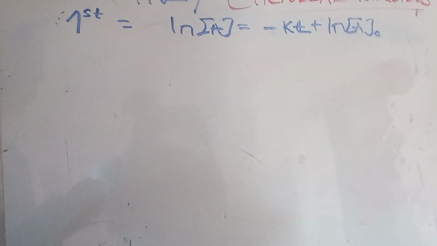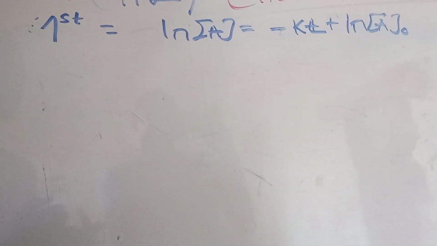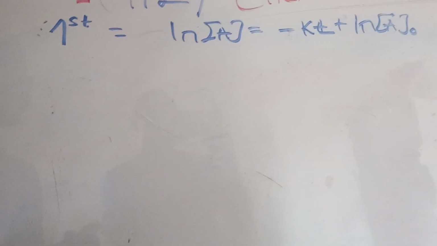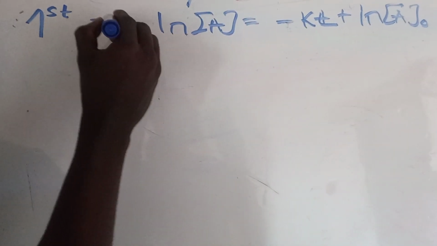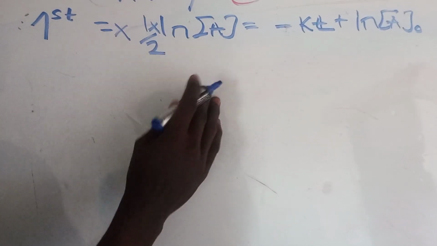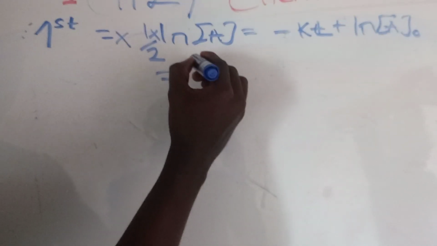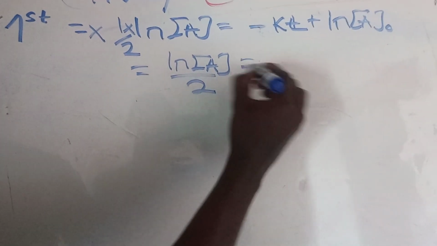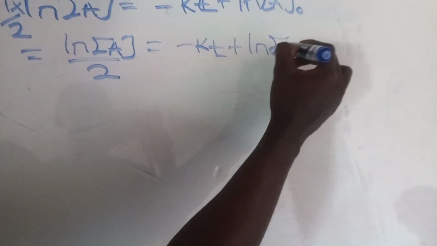I have the first order reaction on the table, which is the natural log of concentration of A equal to negative kt, where k is the constant and t is time, plus the natural log of the initial concentration of A. And in this case, as usual, we multiply by 1 over 2 because we are trying to derive the formula, so we have ln of concentration of A over 2 equal to negative kt plus ln of the initial concentration.